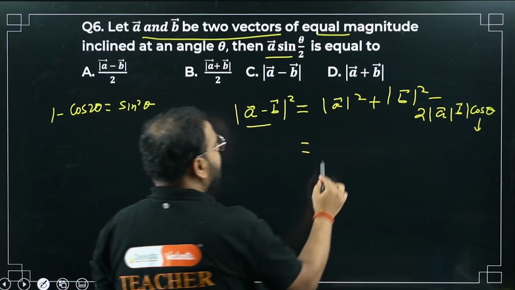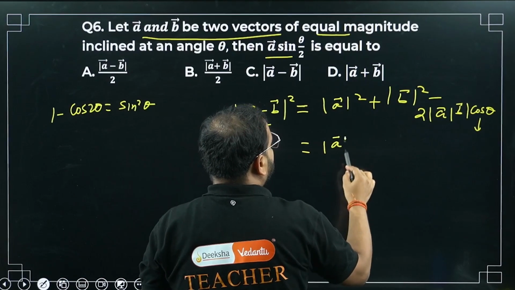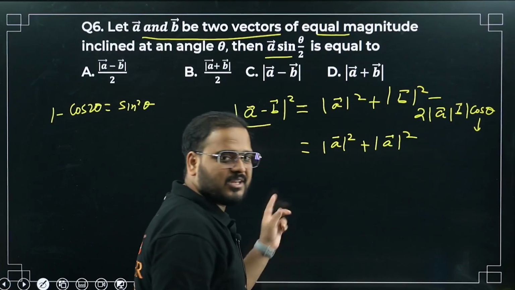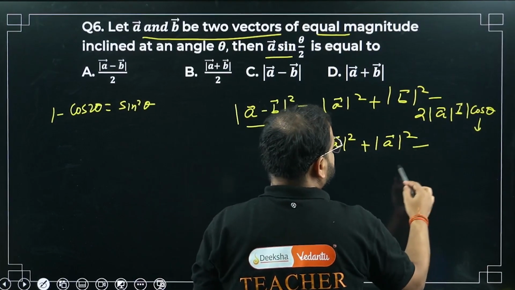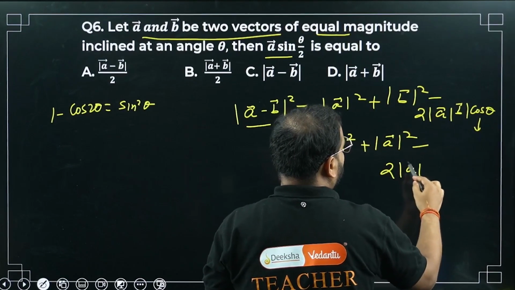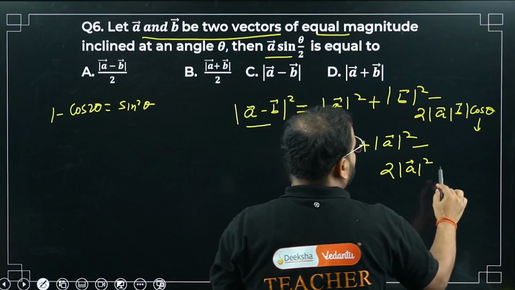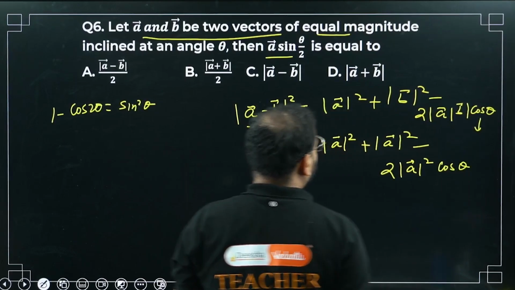It means I can write over here A square plus B also has A square because they're equal in magnitude, and minus 2 times A square, because A into B will be A into A, so A square, and this will be simply cos theta. Take common.